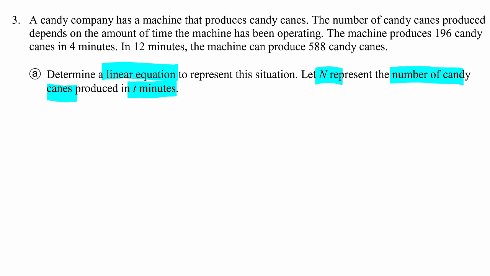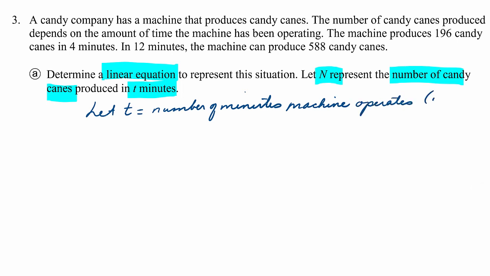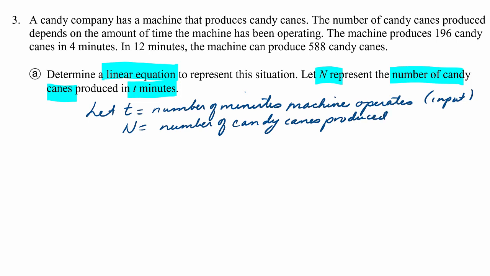So it's depending on time. So let t be the number of minutes the machine operates. It's our input variable. And then let n represent the number of candy canes produced in t minutes. So the number of candy canes produced, and that's our output variable. And we need to describe or relate these two variables using a linear equation.